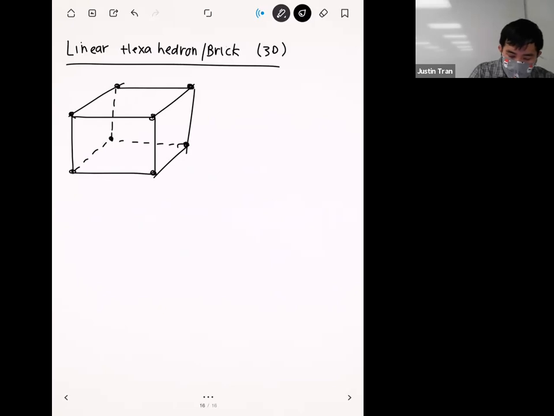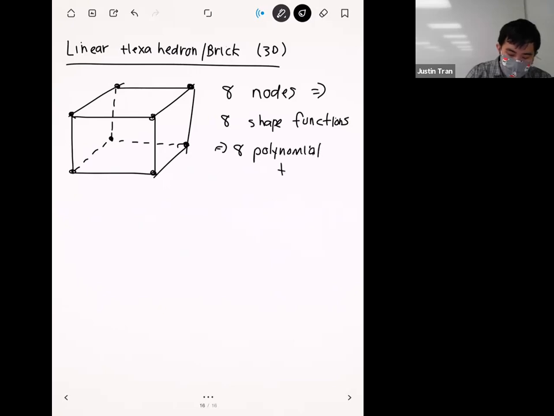If you're like me, Amazon drops off one of these in front of our door once a week. With this, you can see that we have 8 nodes here. 8 nodes means we have 8 shape functions, which means we have 8 terms in our polynomial. Let's go ahead and start writing these out.